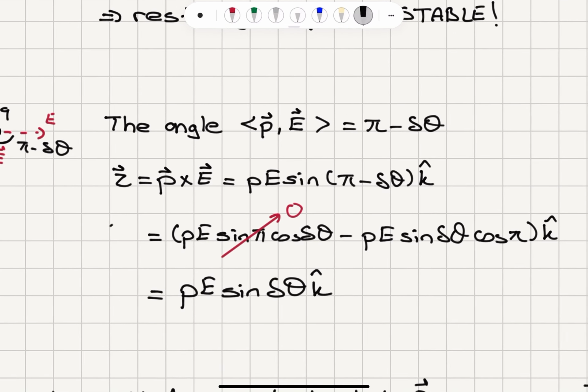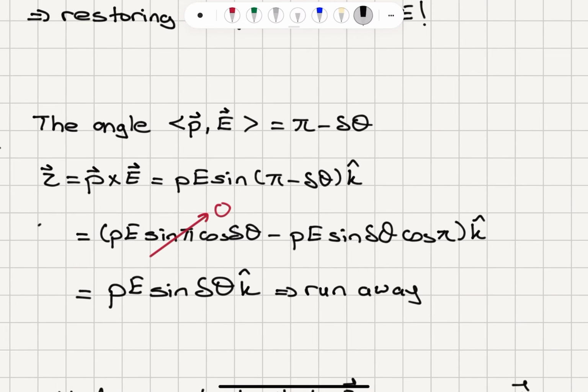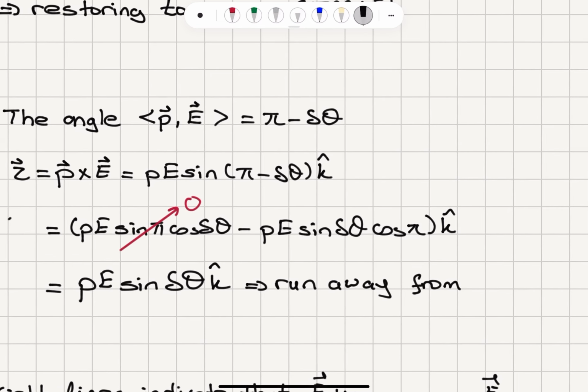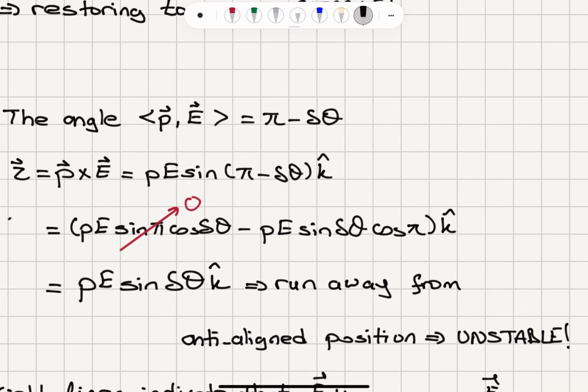So what we see is that we have a runaway from the anti-aligned position. Therefore, we can conclude that the equilibrium we obtain in the anti-aligned configuration is an unstable equilibrium.